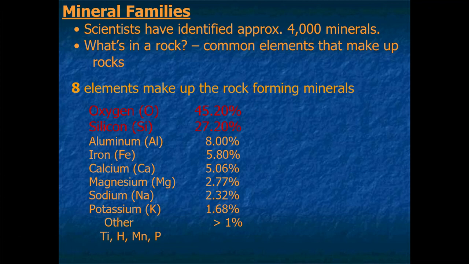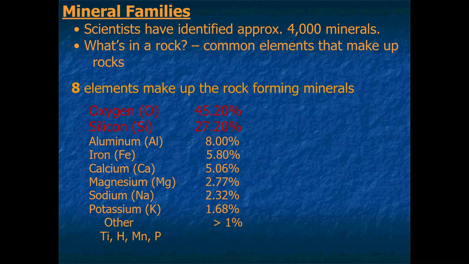Be prepared on the exam, you will be asked what is the most dominant element on the Earth's crust. Let me repeat that question. What is the most dominant element on the Earth's crust? Your answer, of course, would be oxygen.